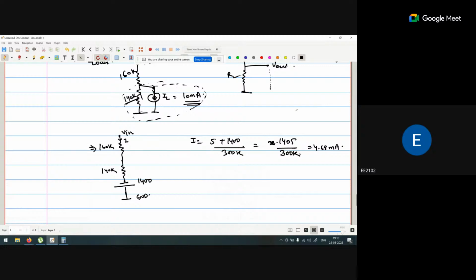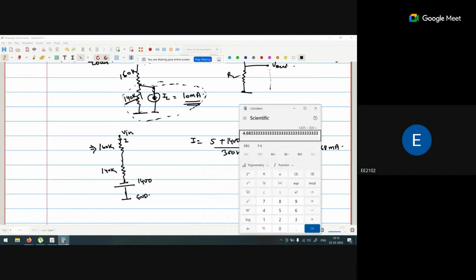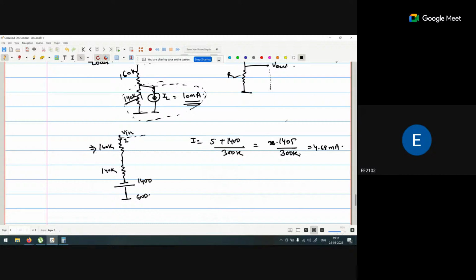Now how much will drop across this? 4.68 is the current that is flowing, so the drop is 160 multiplied by 4.68. That means across this resistor, what is the drop?